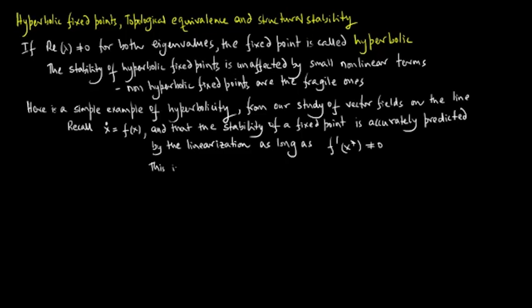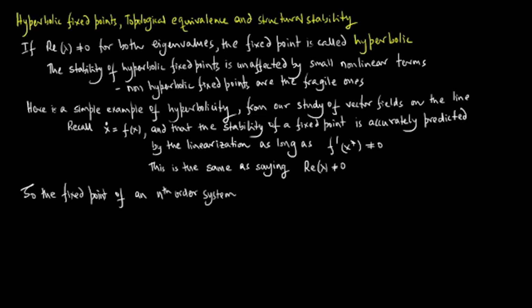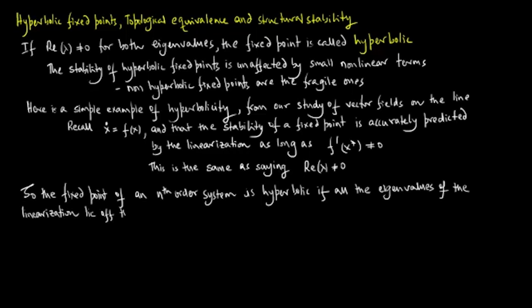Now this is the same as saying that the real part of lambda is not equal to 0. So the fixed point of an nth order system is hyperbolic if all the eigenvalues of the linearization lie off the imaginary axis, i.e. the real part of lambda i is not equal to 0 for i is equal to 1 to n.